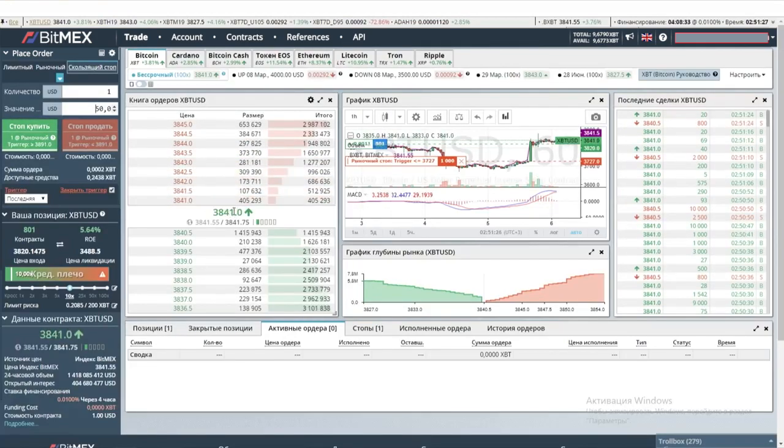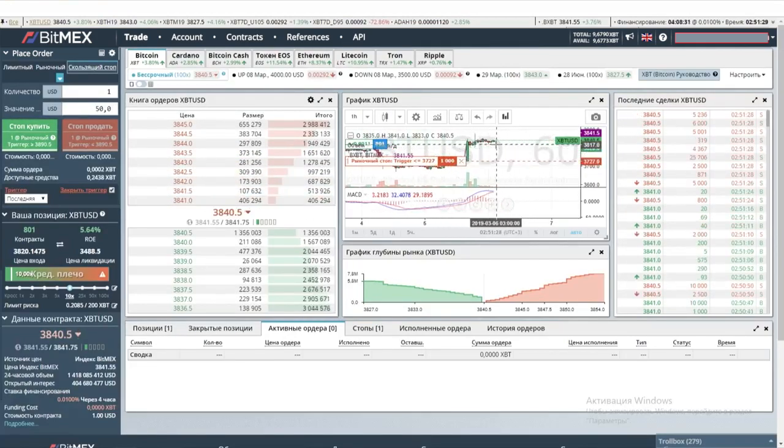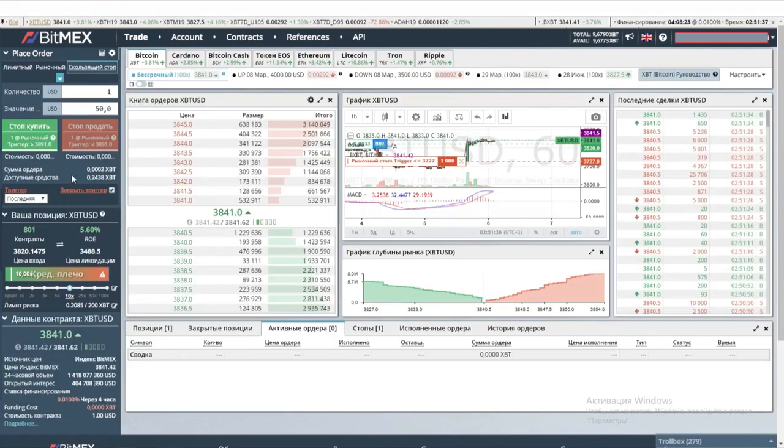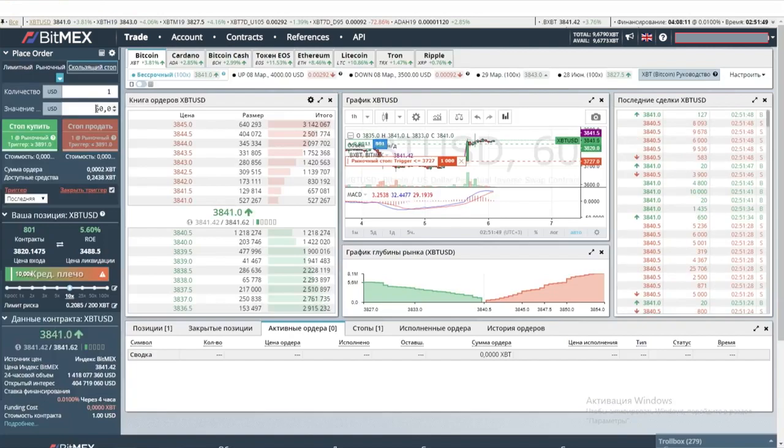That is, for example, the price is now 3,841, I will place an order with a difference of 50, then my order will be at the price of 3,791. And for example, if the price goes to 3,850 now, then my order will be at the price of 3,800. Here the difference is 50 points.